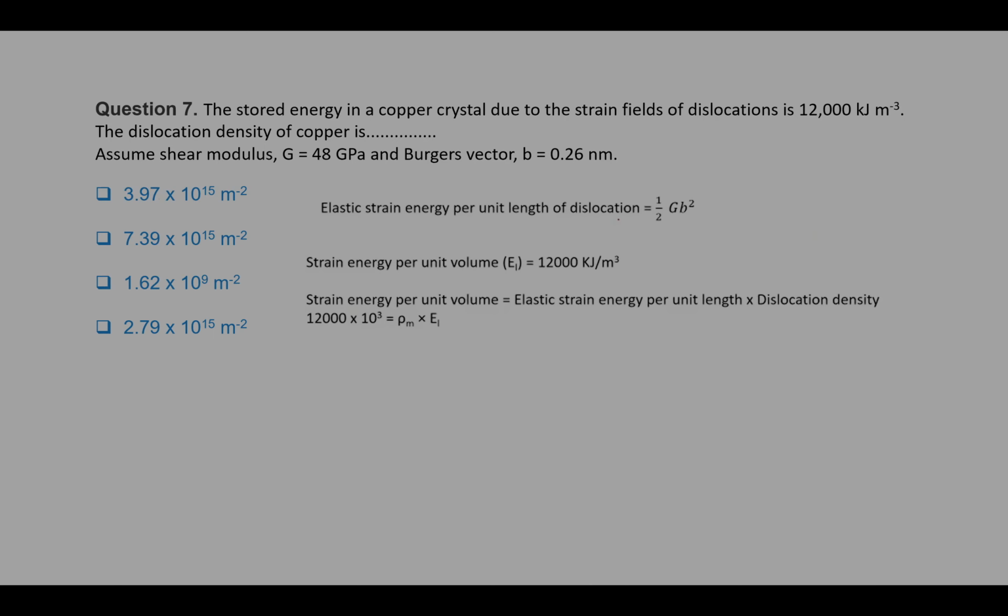They're asking for the dislocation density of copper. Here they have given, assume the shear modulus is equal to 48 GPa and Burgers vector B is equal to 0.26 nanometer.